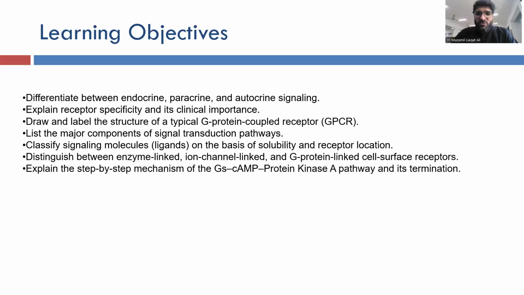As medical students, you must achieve these objectives today.